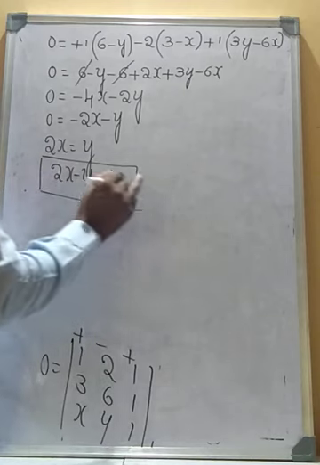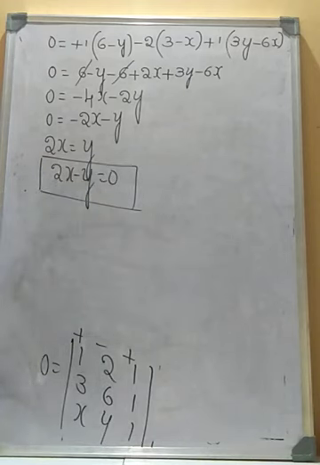This is the equation of the line whose points are 1 comma 2 and 3 comma 6. That is the equation of the line.